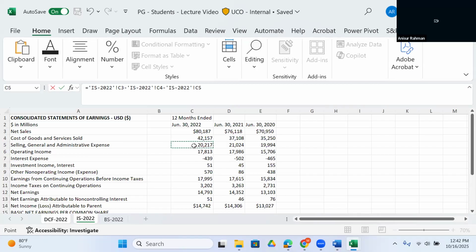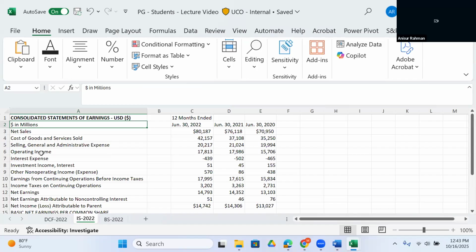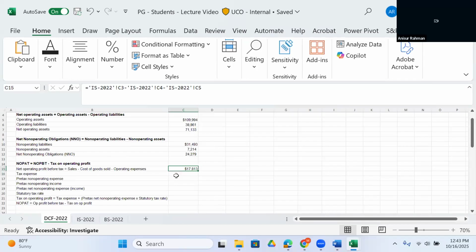In other companies' financials, you may see multiple lines of operating expenses. In that case, remember to subtract all operating expenses. In this case, we have just this one item. So this is my net operating profit before tax, which is the same as operating income in this company.